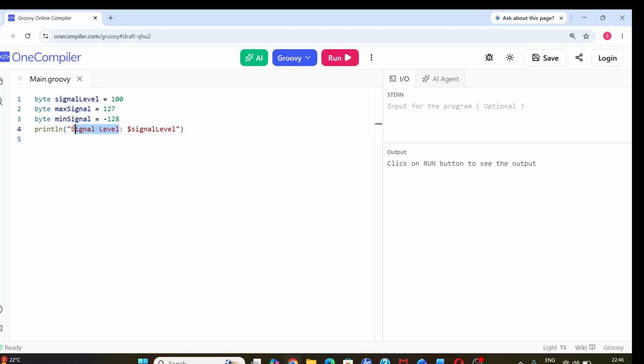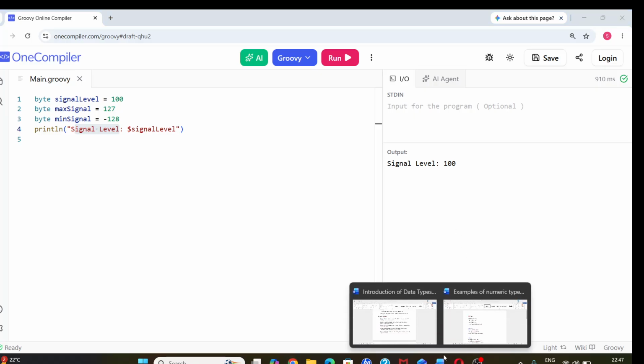Since signal level is 100, the string becomes signal level: 100. So when we run the program, the output shown here is signal level: 100. In this way, we have covered an example of the byte.